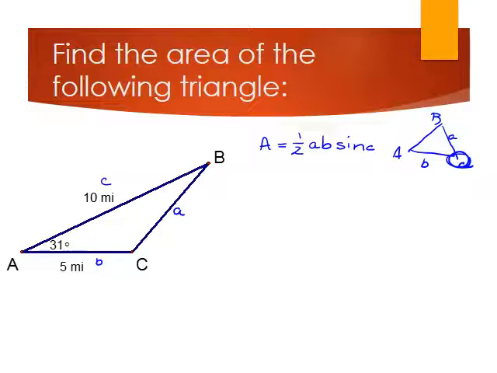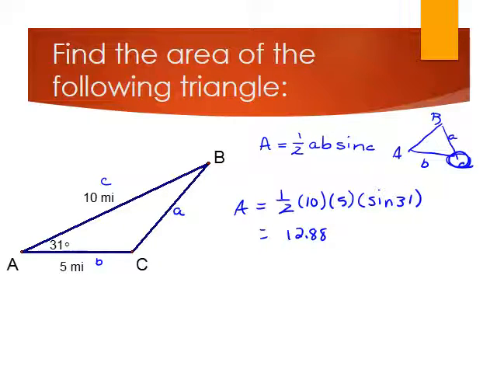So in the case of this example, it's going to be 1/2, and we know 10 times 5 times the sine of 31. And when we figure that out, it gives us approximately 12 and 88/100ths. And you can just put it into your calculator just like it is.